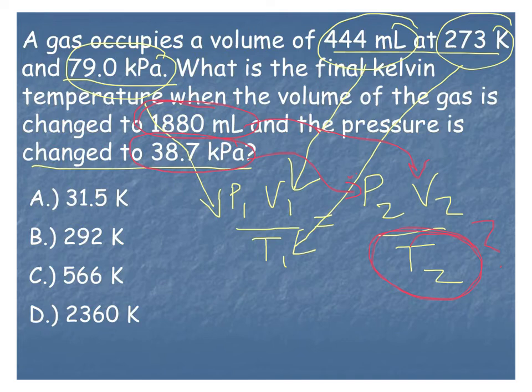So let's just do the quick calculation here. Okay, so everything's in K, so we don't have to worry about that anymore. So let's do 444 times 79 divided by 273 equals, so that's that number, and then we need to multiply that number by P2, which is 38.7, and then we need to multiply, actually we don't have to do that at all.